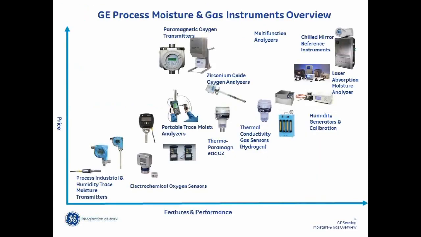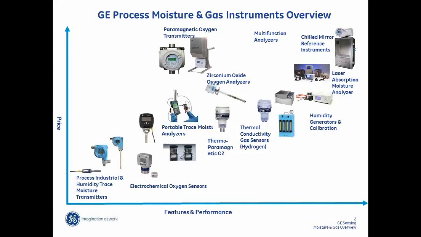At GE, we have a fairly wide array of process moisture and gas instrumentation, everything from unitary sensors to analog transmitters that would put out a 4 to 20 milliamp signal, to multi-channel analyzers and calibration systems.